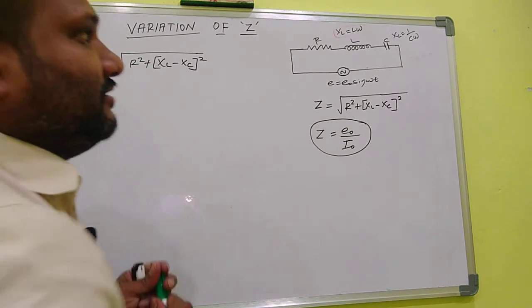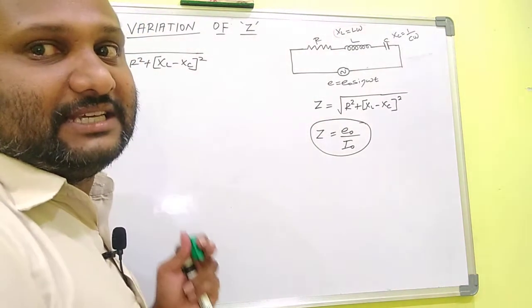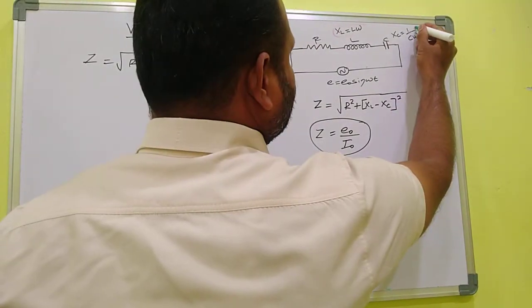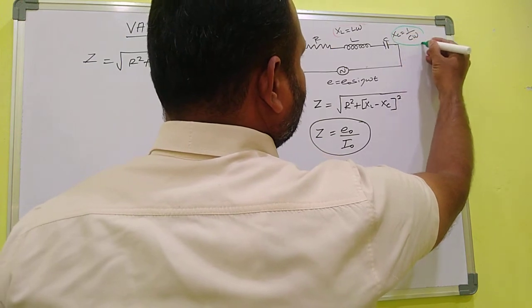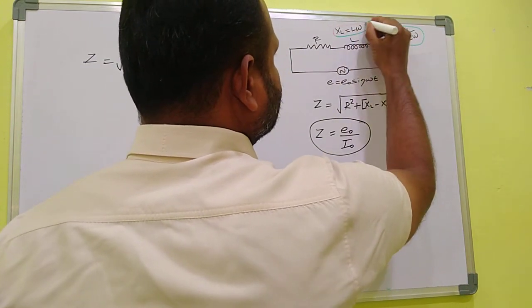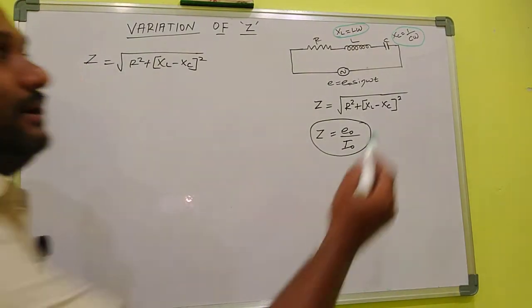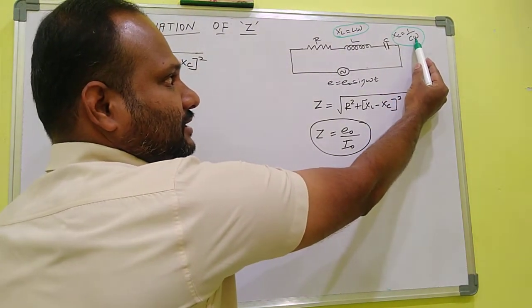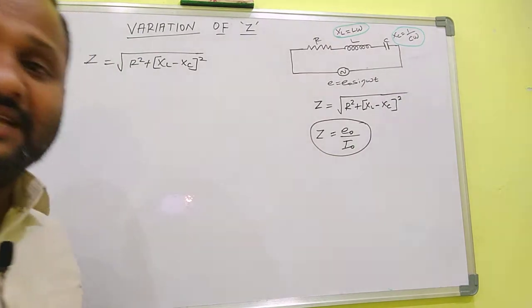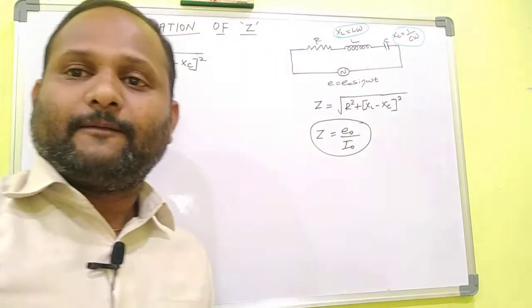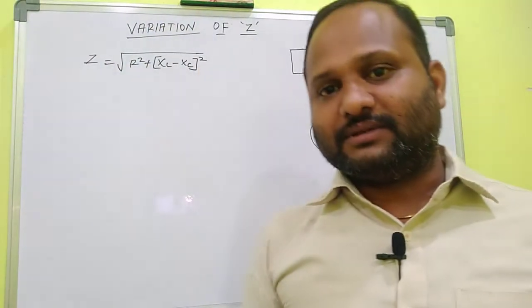Likewise, in the case of capacitive reactance, XC is equal to 1 by C omega. Here C is constant for a particular capacitor, but omega is angular frequency which is able to change.